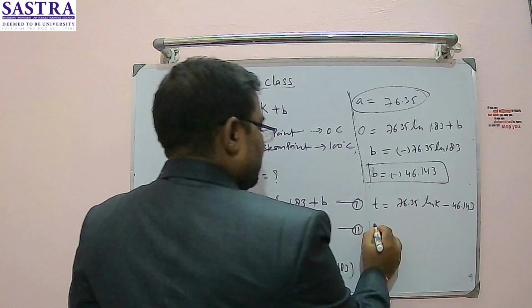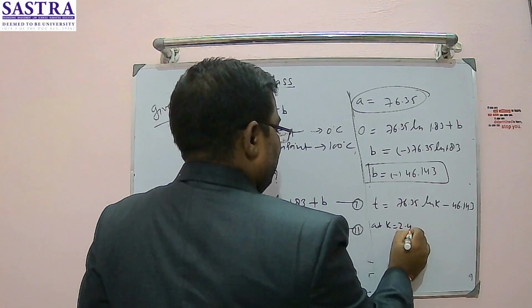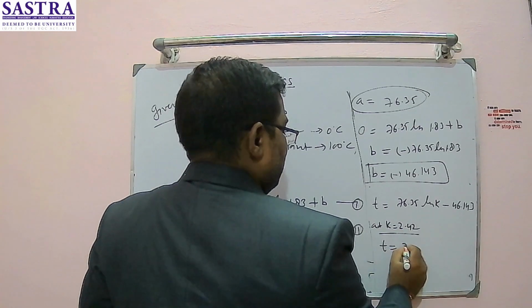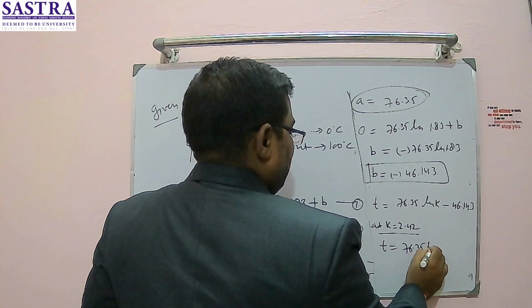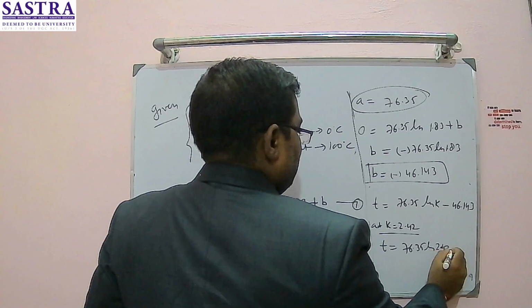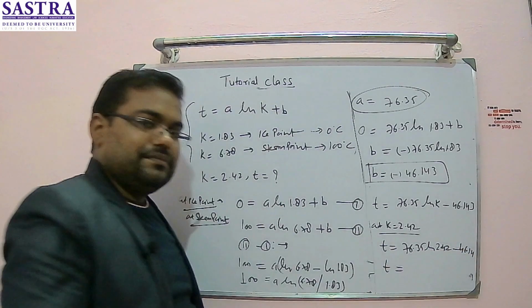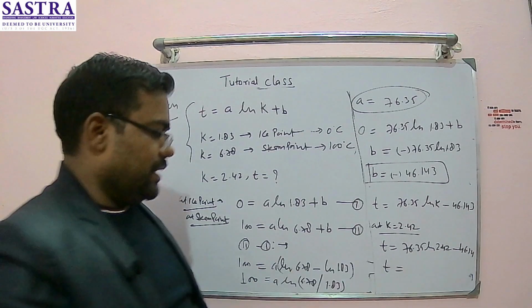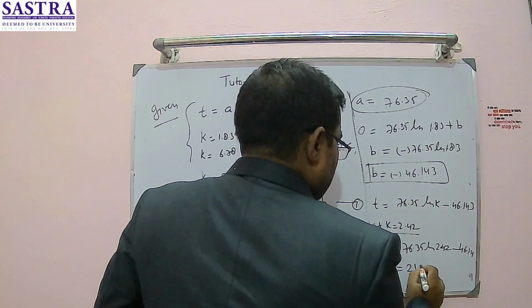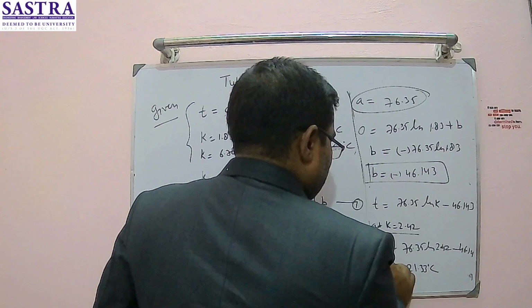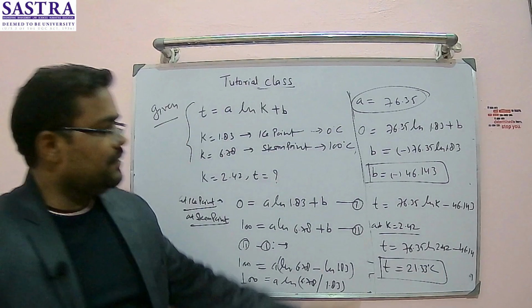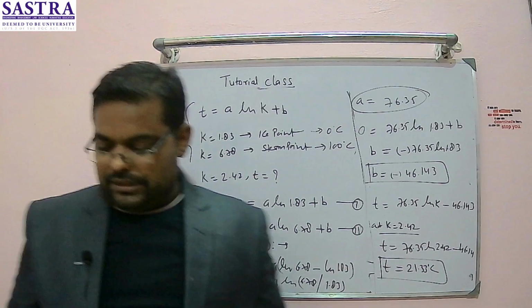At K equal to 2.42, T is 76.35 ln of 2.42 minus 46.14. Solve this, and you will get T. So T is coming around 21.33 degrees C. Clear?